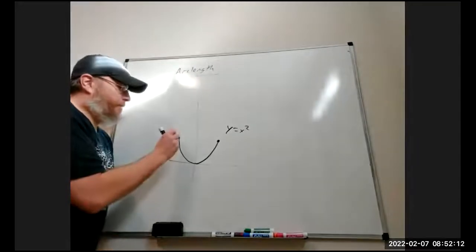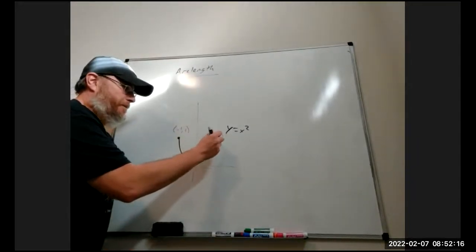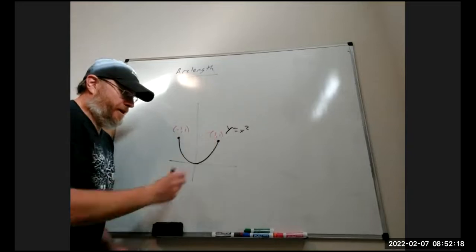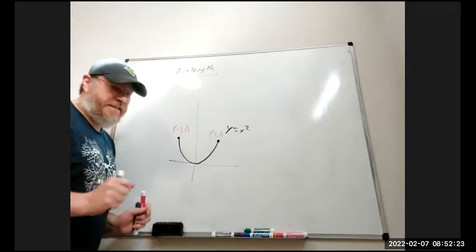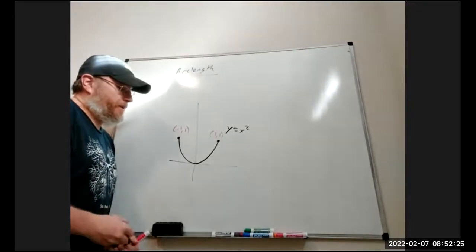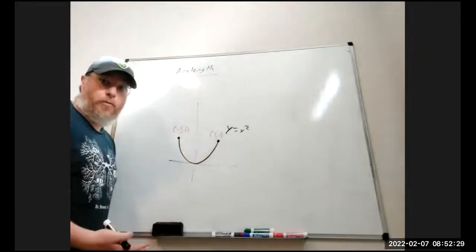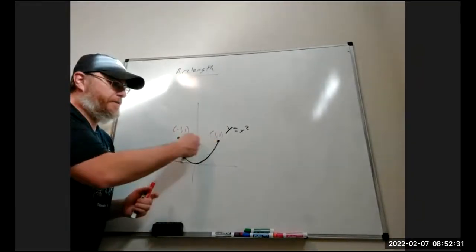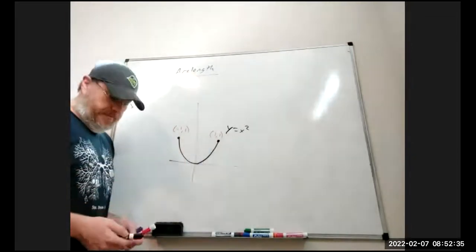I don't mean I want to know the distance between these points because I know the distance between, right? If I just draw the straight line across, I know that I've got a length of 2. That's not what I'm curious about. What I'm curious about is how long is this? Like if this was a rope that's dangling between 2 points here, I'd want to know how long is that rope.